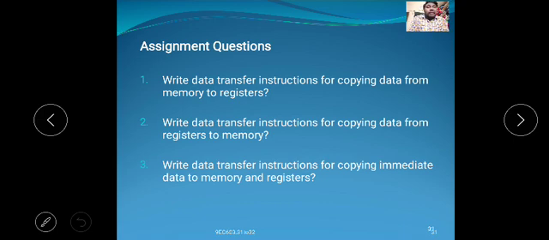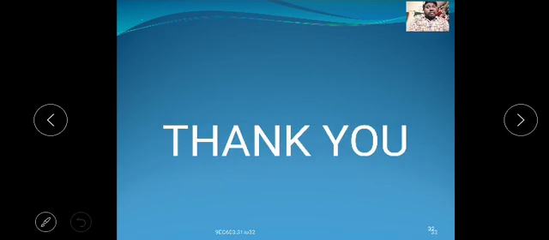Write data transfer instructions for copying immediate data to memory and registers. This is the discussion about the data transfer instructions with suitable examples.